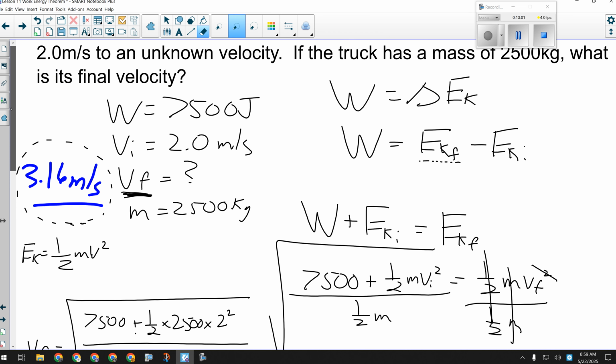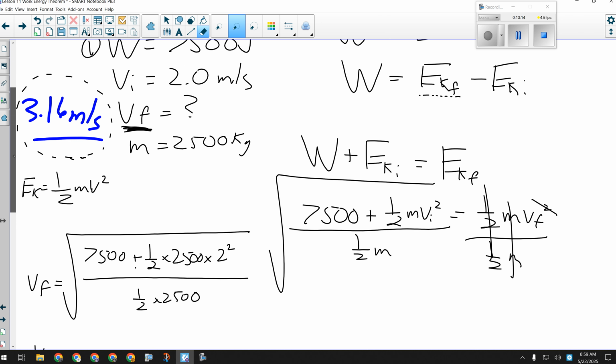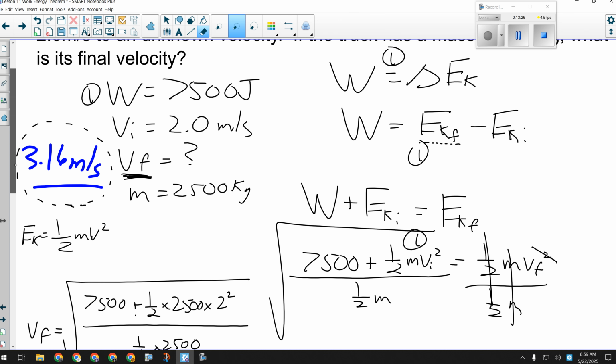So let's show you where the marks would go. You would get a mark for your givens, as you always do. You would get a mark for identifying the type of energy that is being changed. You would also get a mark for setting up your work energy theorem. You would get a mark for your manipulations. Sorry, I put those in the wrong spot.